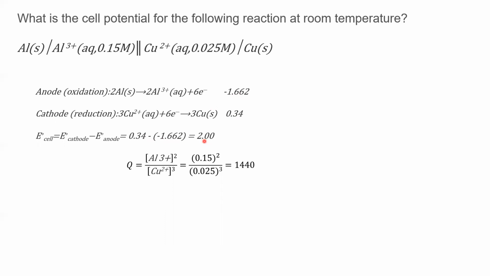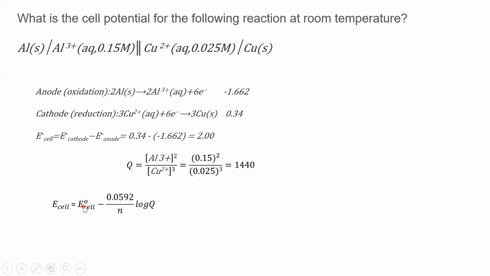For Q, we would take our products over our reactants. So 0.15 squared over 0.025 cubed gives us 1,440 for our Q value. Now we can calculate the voltage across this non-standard cell.